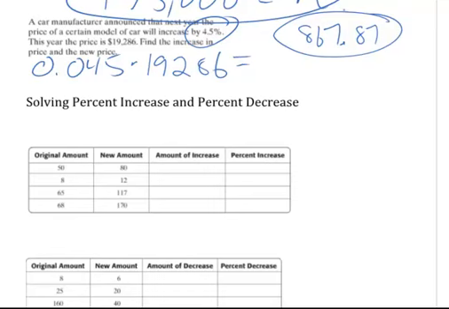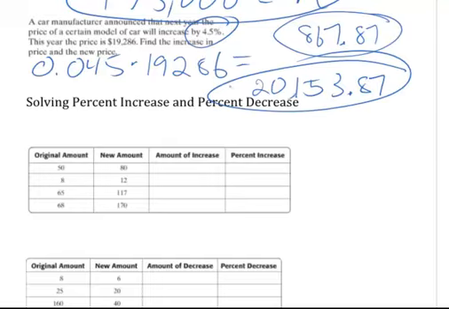Well, we know it used to cost $19,286. If it's going up in value by $867.87, I need to add that back in to my $19,286. And so now the car should cost us $20,153.87.